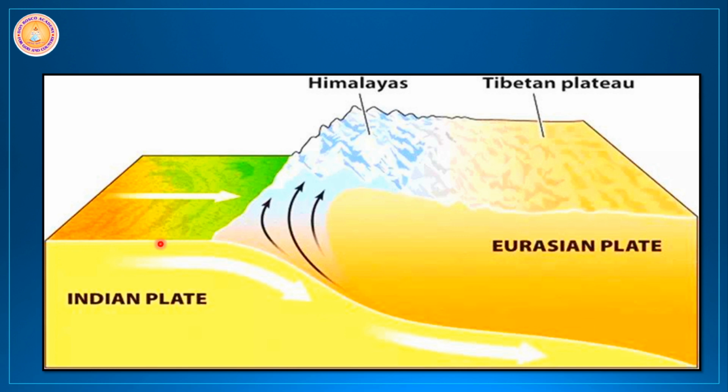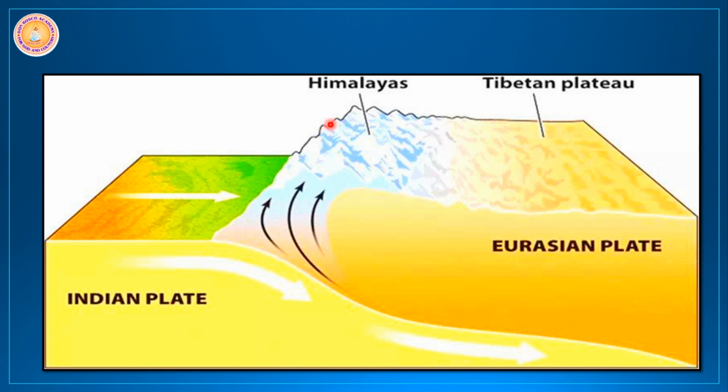In between the Indian plate and the Eurasian plate, there was a shallow Tethys Sea. The moving of the Indian plate carrying the subcontinent began to push against the Eurasian plate.